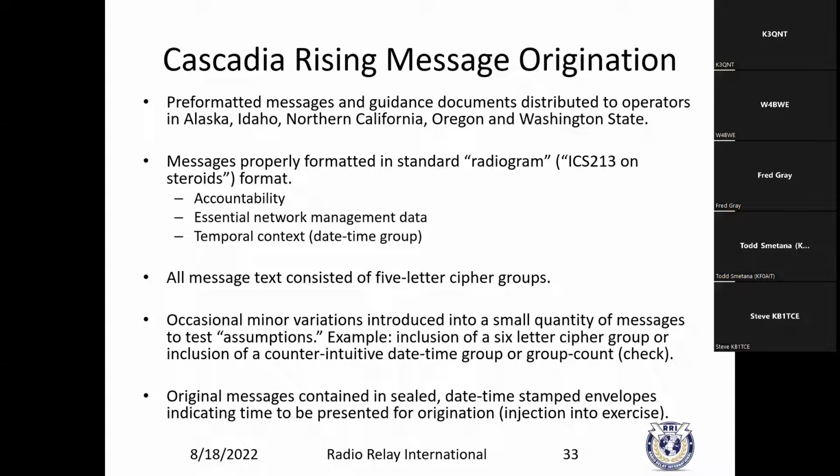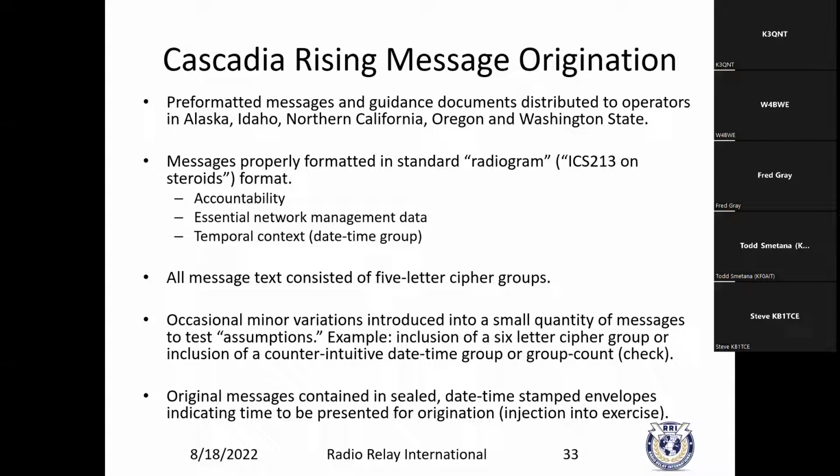We would occasionally create a counterintuitive date-time group to see whether the operator would respond to that. Then we took all of these messages and placed them in sealed, date-time stamped envelopes, indicating the time they should be presented for origination, or injection into the network.